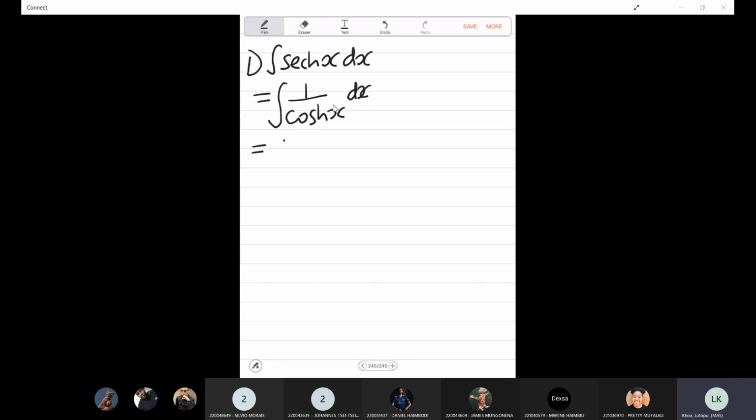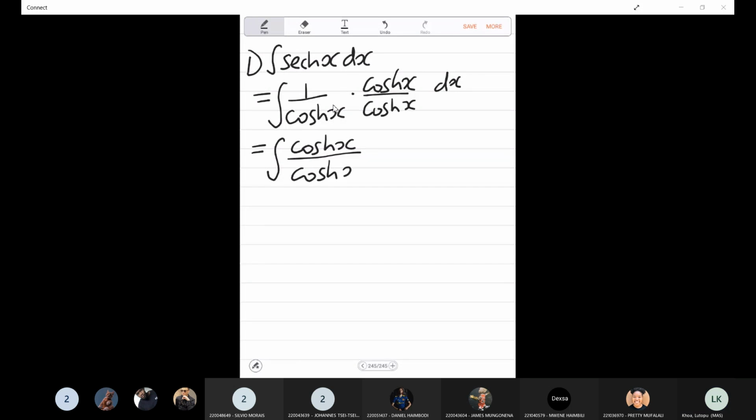So we have the integral here: hyperbolic cos of x over hyperbolic cos of x squared in the denominator, like that.